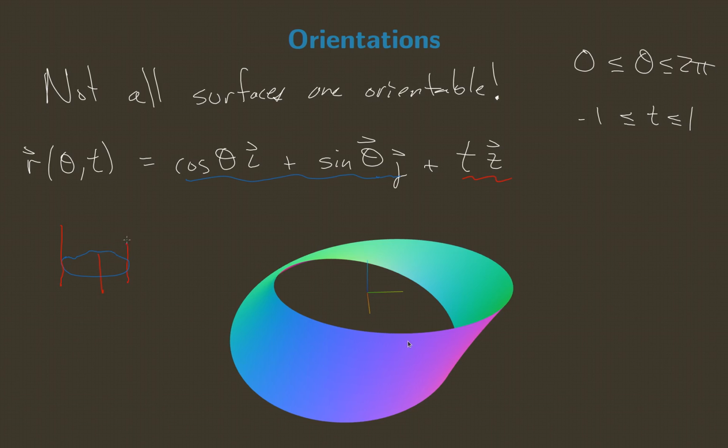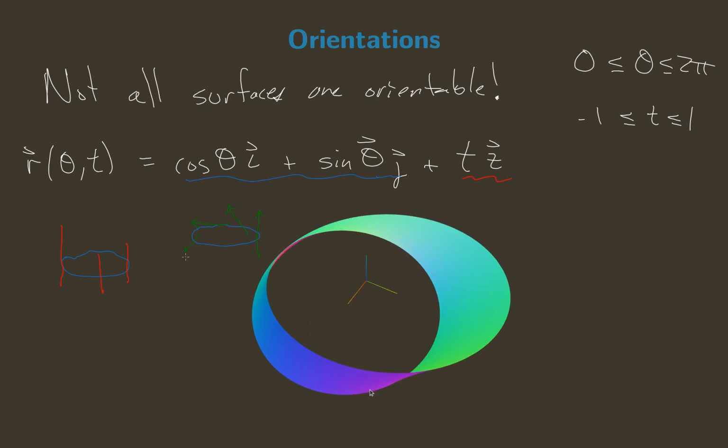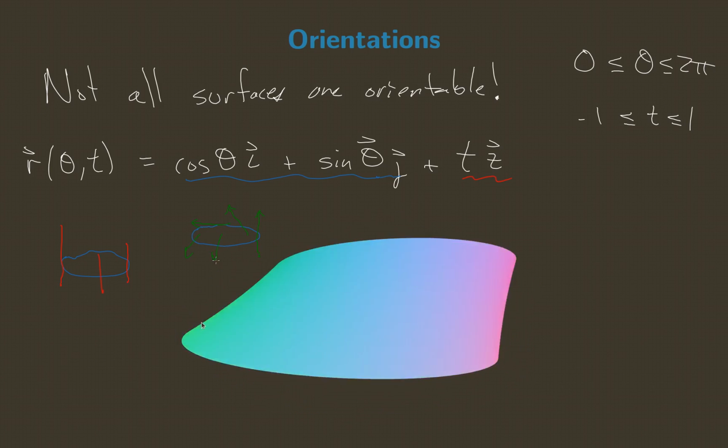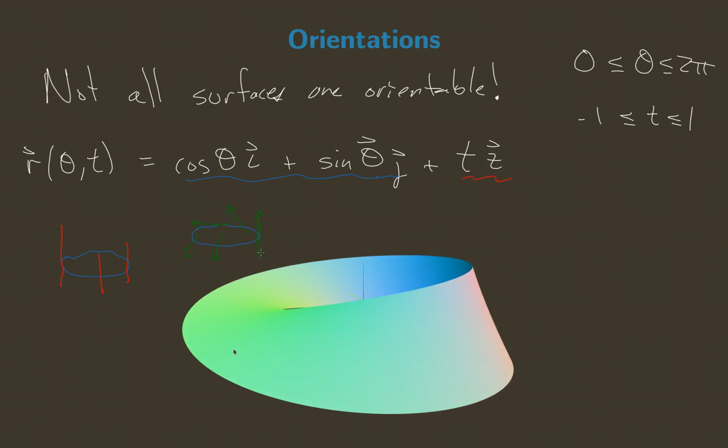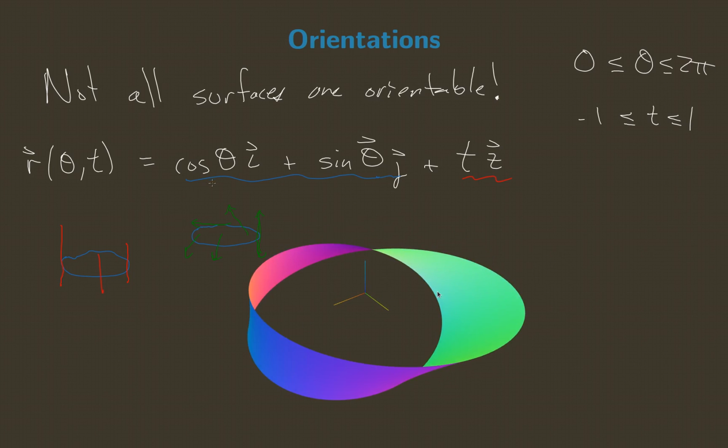To modify this to get a Mobius strip, if this is our circle, we want this line to twist as we're moving around, so that by the time we get back, it's still vertical, but now pointing downwards.